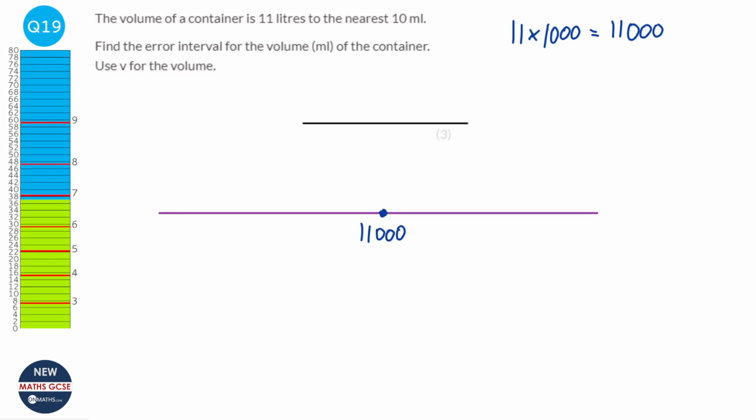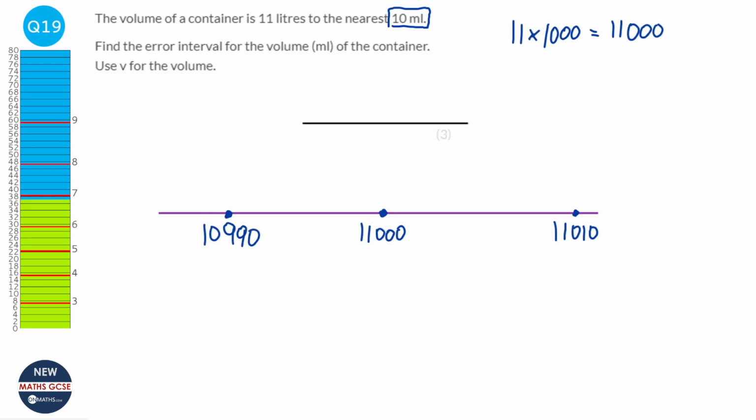Now, what would be the next one down if we're looking at the nearest 10 mil. So we're going to add a 10 mil on, which will be 11,010, and we're going to take the 10 mil away. So 11,000 take away 10 mil will be 990.